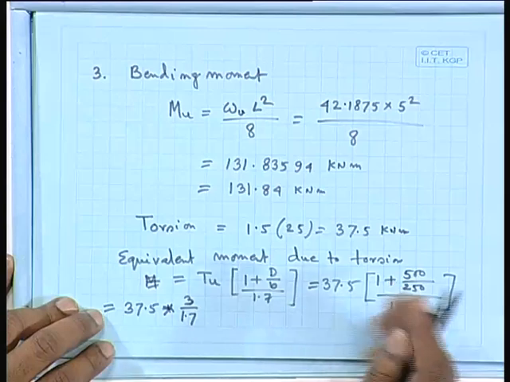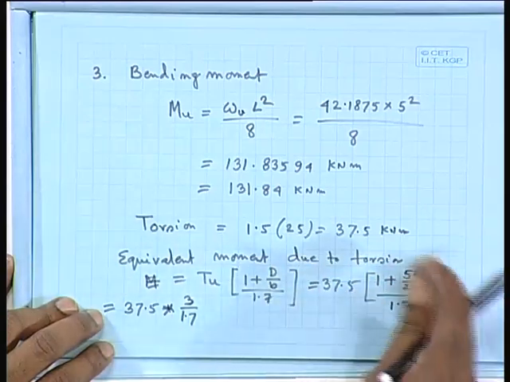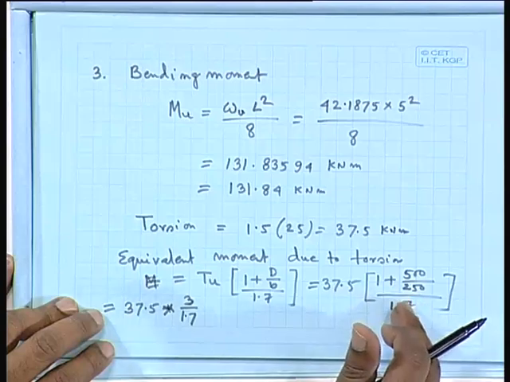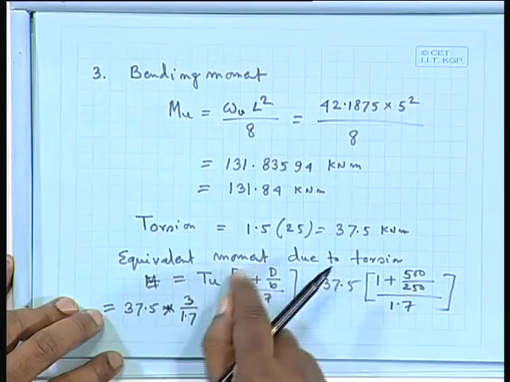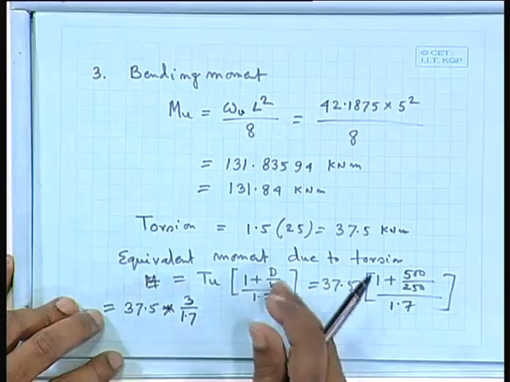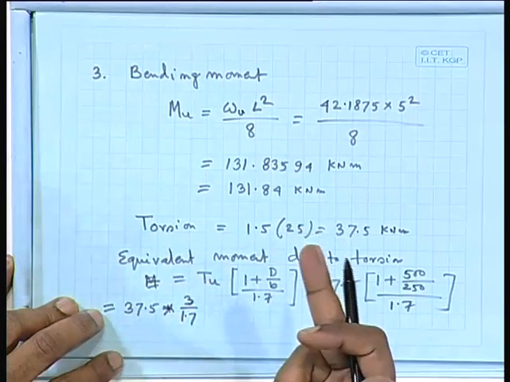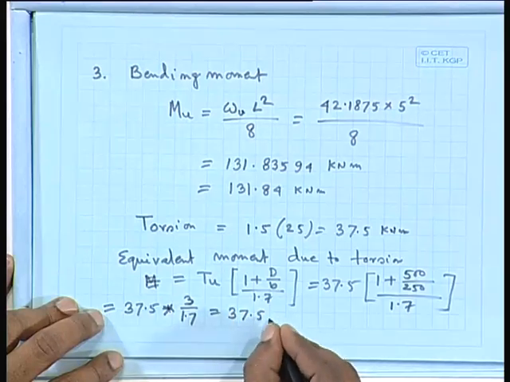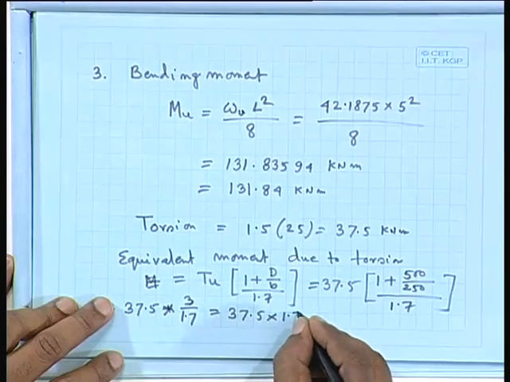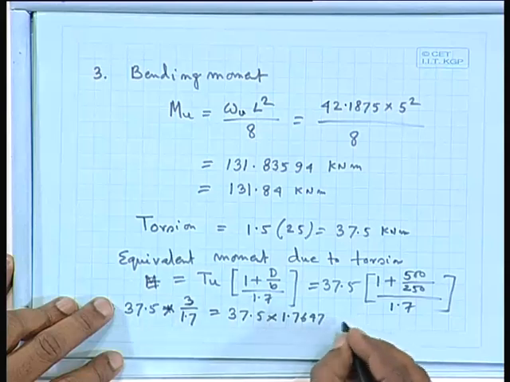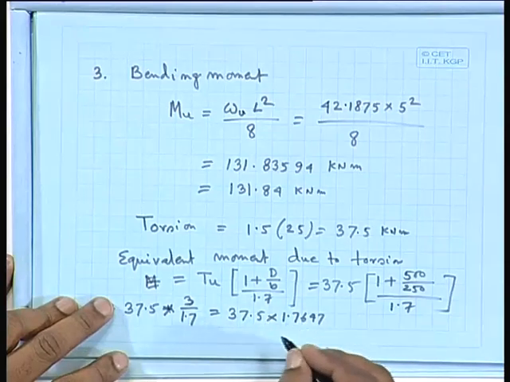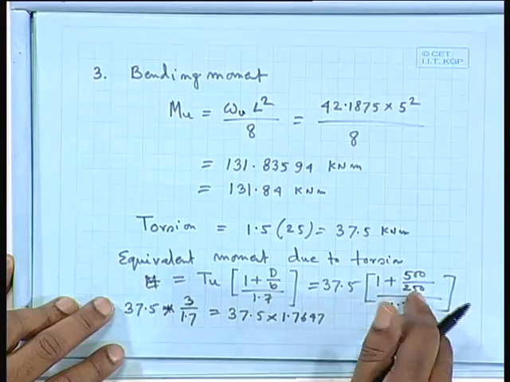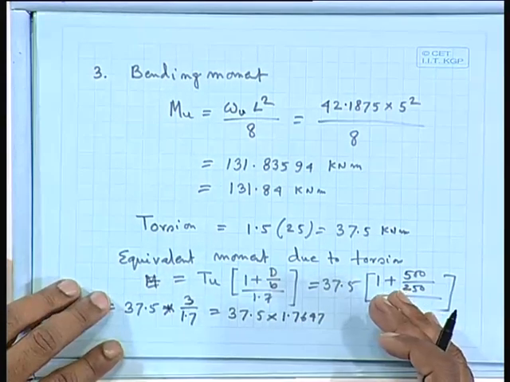What I mean to say is, let us see what the factor is. I can get the whole value directly, but I am not interested in that. I am interested in usual cases. Sometimes you are checking what should be the Tu times how much. So here we can get it as 37.5 into 1.7647, that means 76% extra, that means 1.76. Only from the final value you will not get an idea of what the value should be.